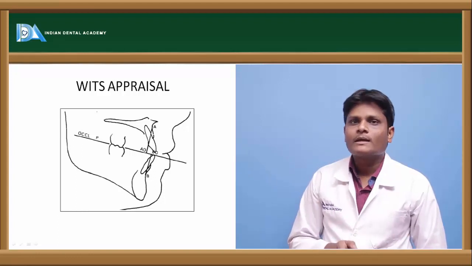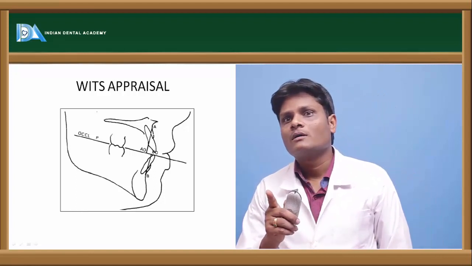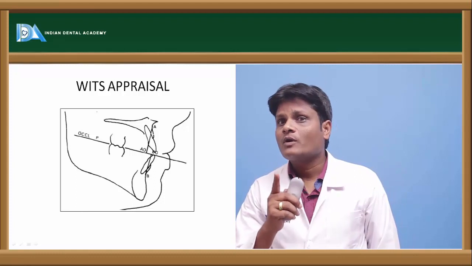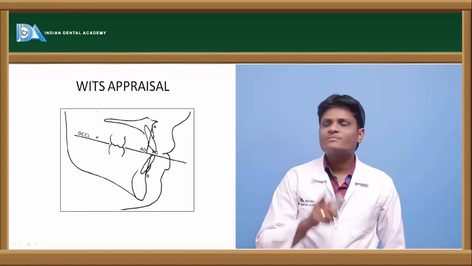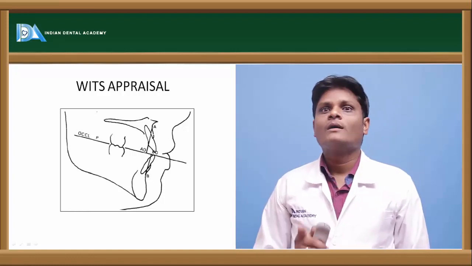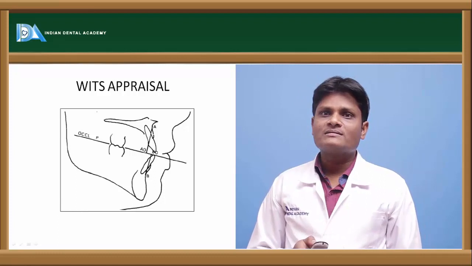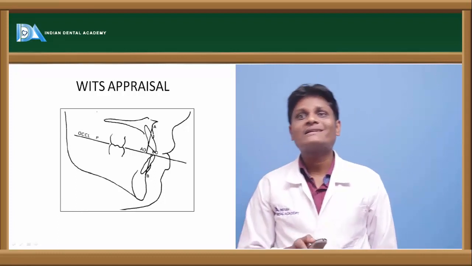Usually in males the AO and BO should coincide. That means the difference between AO and BO should be 0 mm. Whereas in females, AO can be slightly ahead of BO by 1 mm, that is acceptable.